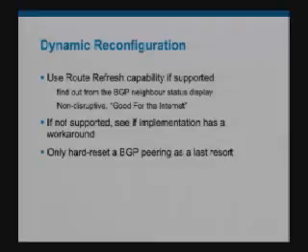If not, you usually have some kind of soft reconfiguration feature that will let you work around the lack of route refresh. Certainly most of the implementations that I know of have one.